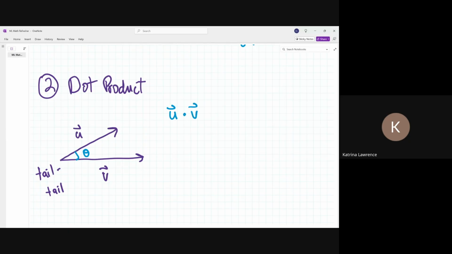And this is how you show dot product, literally a dot between them. Don't get confused with multiplication, because this has a different meaning. It's specifically dot product for vectors. To find the dot product, you take the magnitude of u multiplied by the magnitude of v, and then you multiply that by cos theta. This is why I showed you the magnitude formula earlier, because it's embedded within this formula.